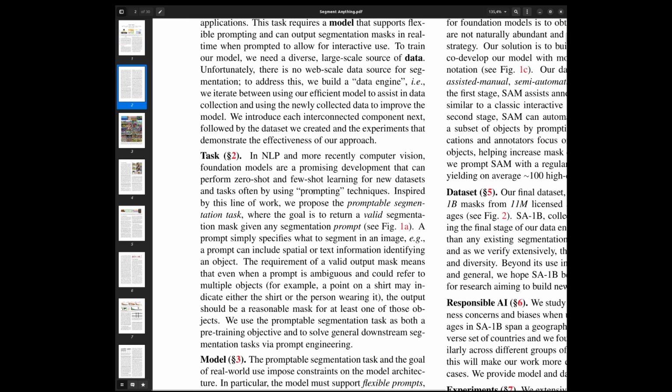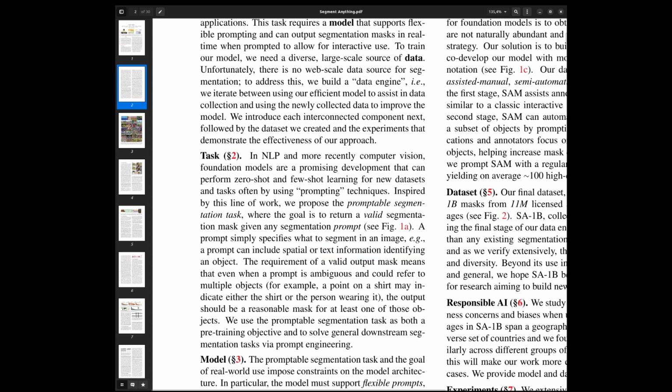We propose a promptable segmentation task. A prompt simply specifies what to segment in an image. For example, a prompt can include spatial or text information identifying an object.